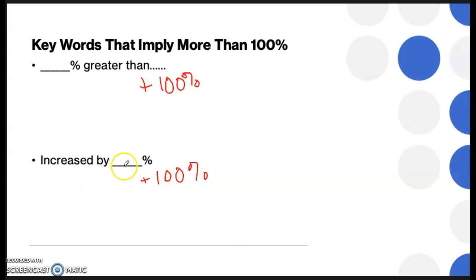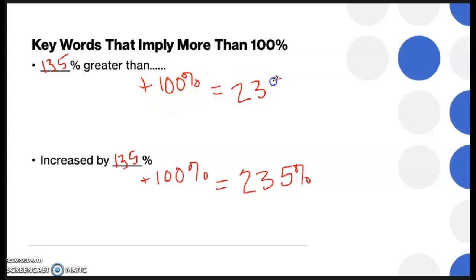If it increased, let's say by 135%, then that means you're going to use 235% in your word problem. If it was 135% greater than, then you would have to add 100% and you would use 235% in your arithmetic, in your word problem.